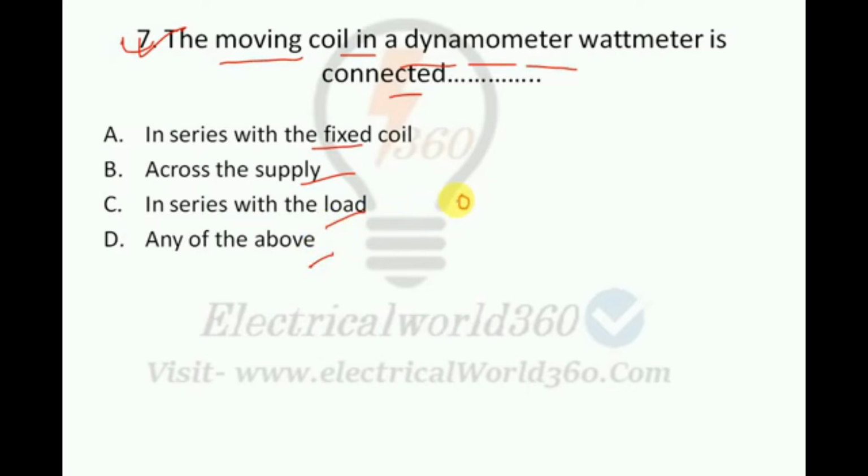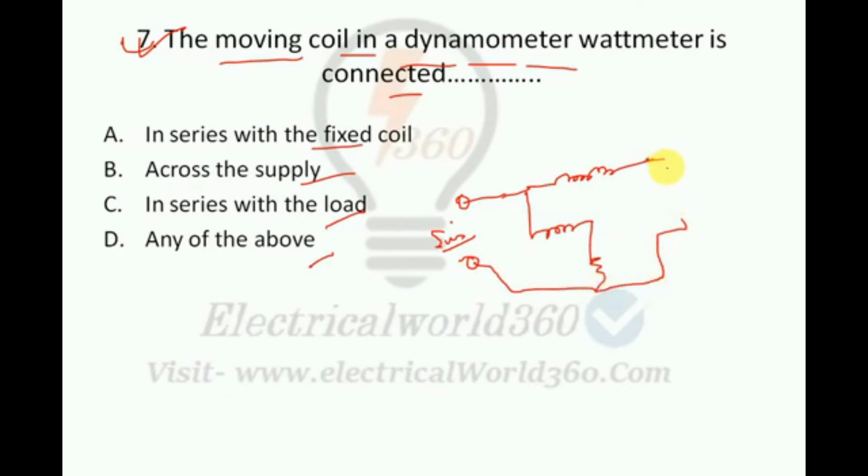That means suppose this is the supply, and this is a fixed coil, and this is moving coil, this is resistance, it is connected this way, and there is a load. And this is the moving coil, and this is the fixed coil.